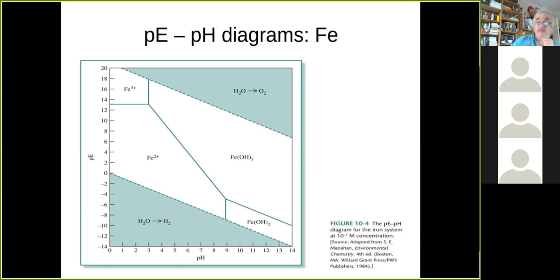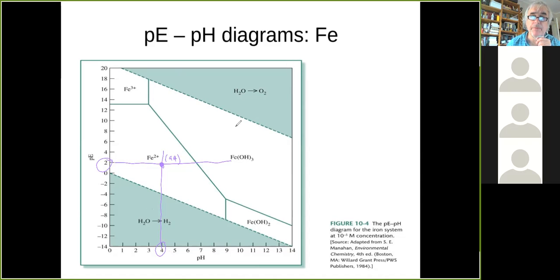Then it's just, let's see if I can draw, to take this 2, make a line, and the 4, make a line, and the intersection here has the coordinates pH 4 and PE 2. And here, well, the answer to my question was iron is probably in the 2+ state. And in this case, I suppose it is aqueous also.